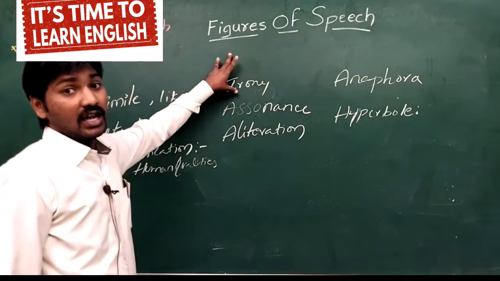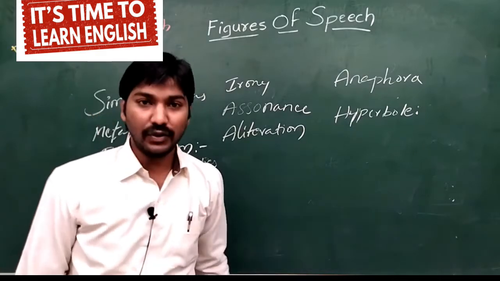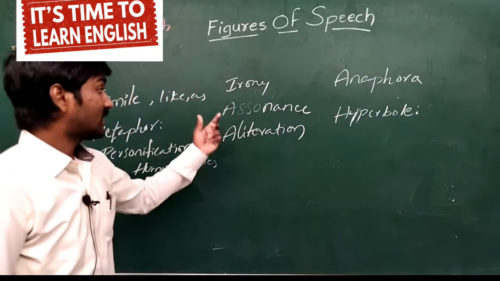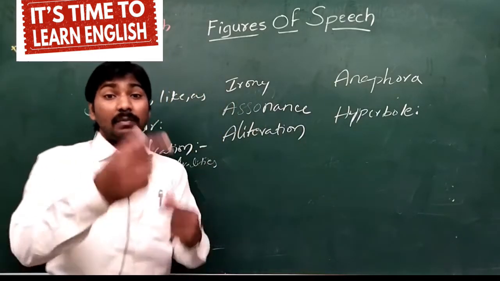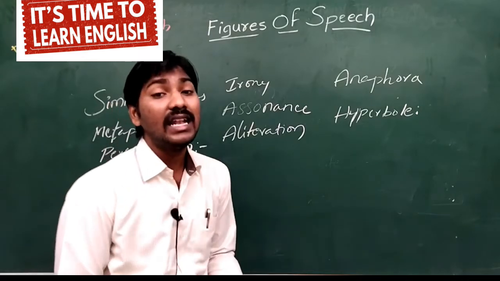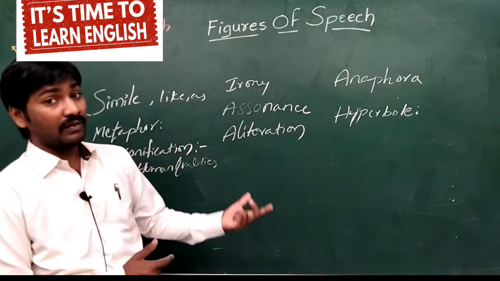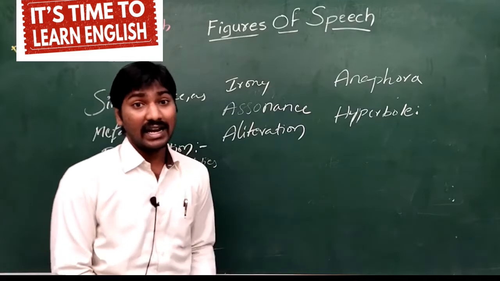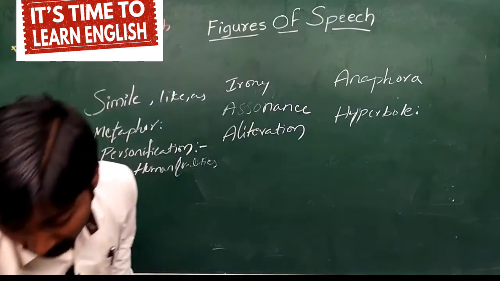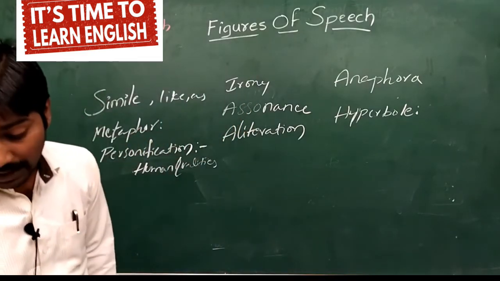Next, irony: what we said is quite the opposite. Next, assonance. Assonance is nothing but repetition of vowel sounds again and again, for example, brings the wedding bells.